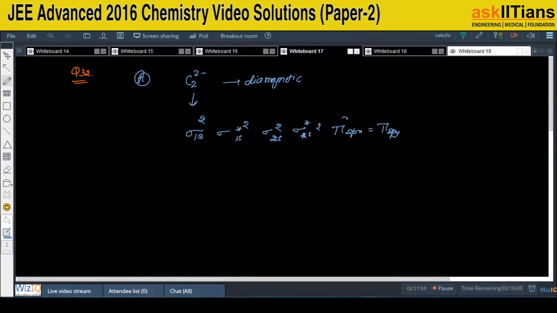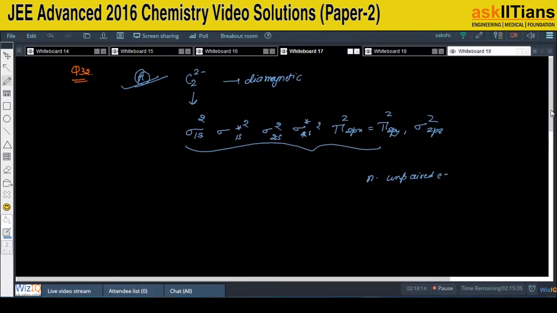So we have to fill 2 and 2 here, and we are left with only 2 electrons. So this is sigma 2pz, again 2. So this is the molecular orbital configuration, and as you can see there is no unpaired electron, and hence C2 2- will be diamagnetic in nature. So we have arrived at one of the correct options, option A.